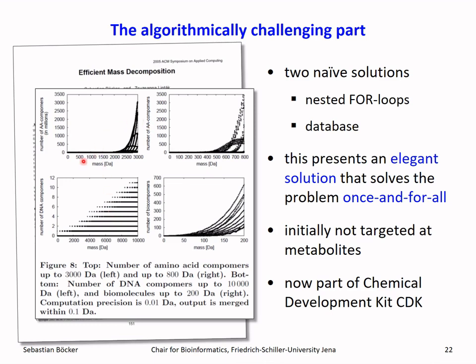The other, back then, seemingly good application were peptides, amino acids, but you see that the problem then explodes. The number of decompositions simply gets extremely high very quickly. Yeah, decompositions in millions. So you can do it efficiently with this algorithm, but what do you do then with a billion of solutions or something?